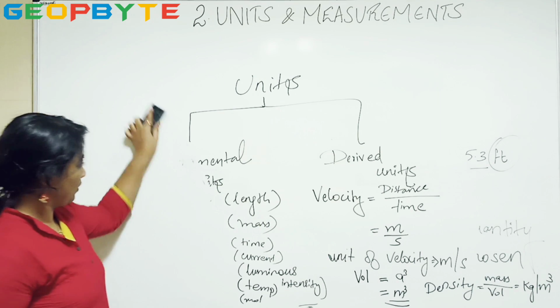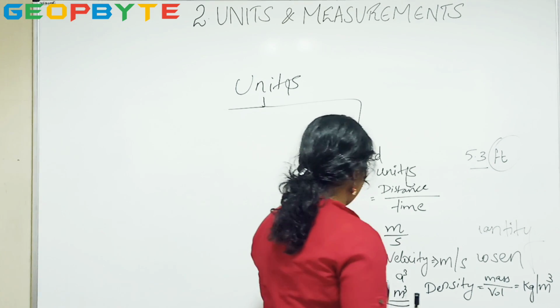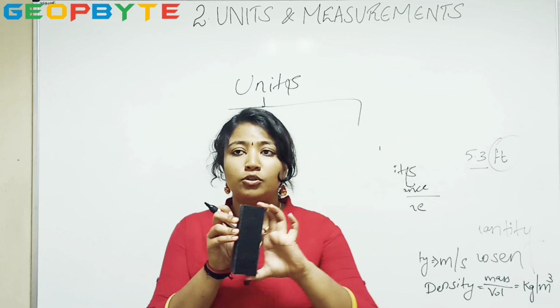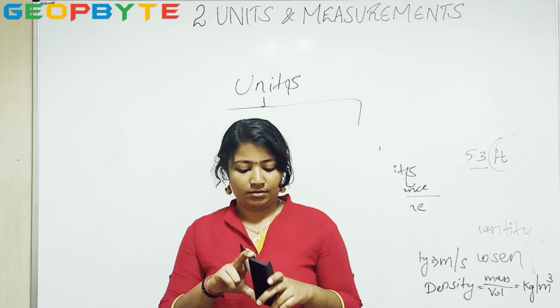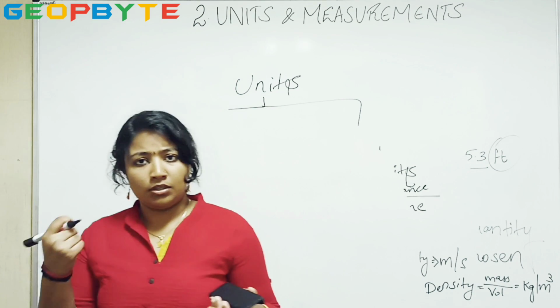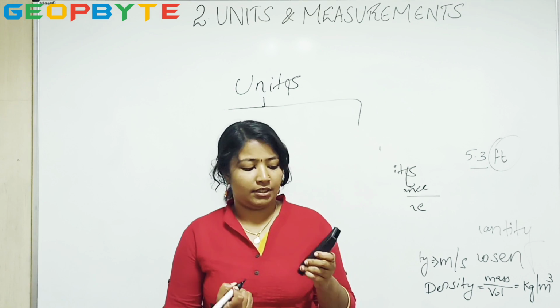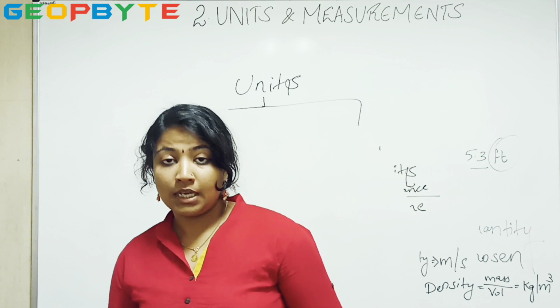Now if I am asking you to measure your height, or suppose I am asking you to measure the length of this duster, you may take your normal scale or a tape and measure it, and tell it's around 12 centimeters or 15 centimeters.